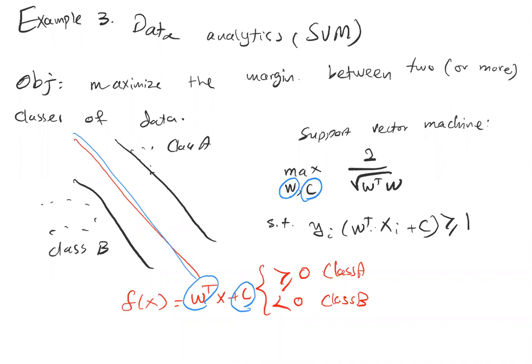Again, you're going to learn more about these details in data analytics courses, Introduction to Data Science, and so on. But as you can see, there is an optimization problem behind this.